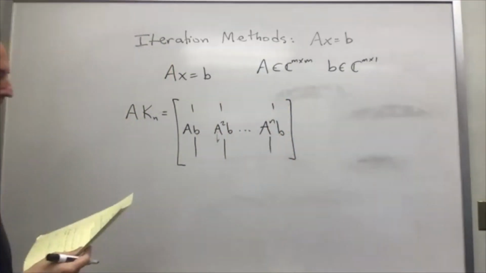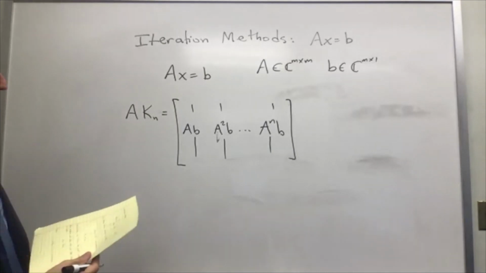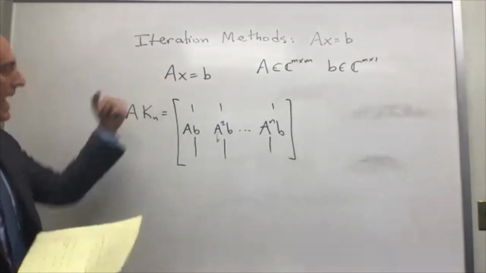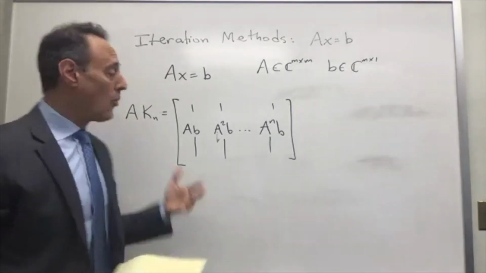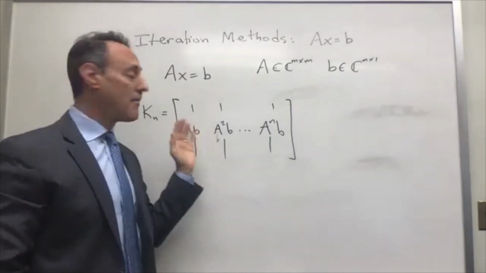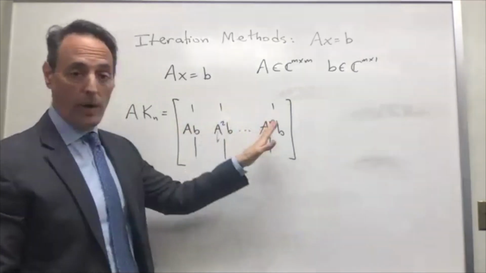And so really what I want to do is think about how my vector x is going to live in this Krylov subspace, which is a linear combination of those vectors B, AB, all the way through here.